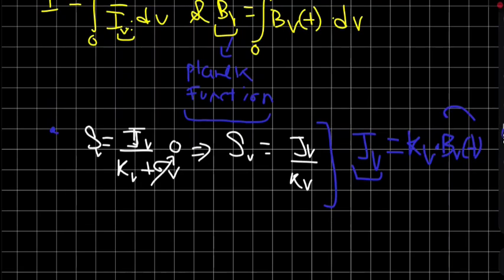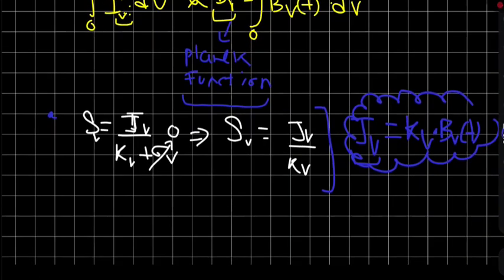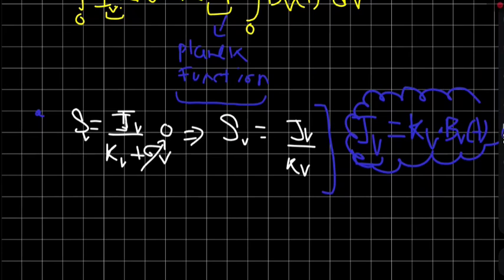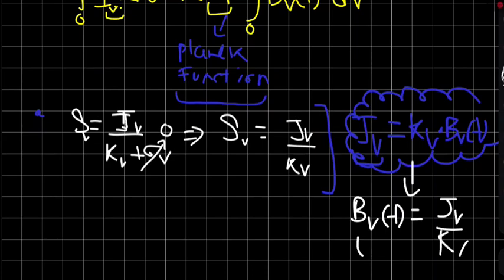This is how we define the Planck function. If local thermodynamic equilibrium holds in the conditions of Eddington's solutions, then the Planck function is represented as the ratio of the emission coefficient to the absorption coefficient, and this is exactly what is called the source function here. So yes, it is true.